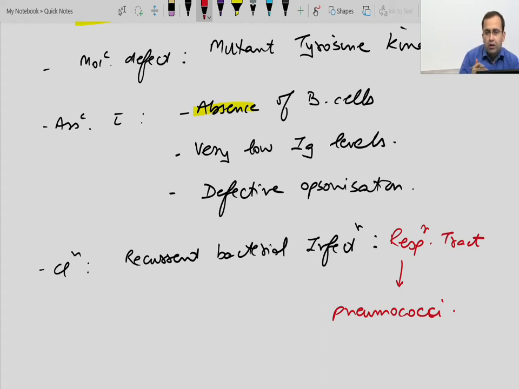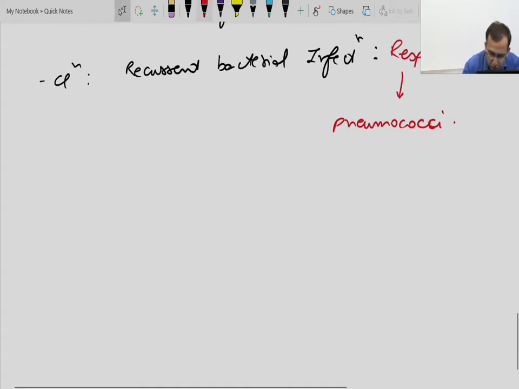Next, Bruton's agammaglobulinemia was an absence of B cells. So let us see one disease each. The most important ones are associated with absence of T cells, which is DiGeorge syndrome, and absence of both B and T cells, that is SCID. Let us have a look at those also.